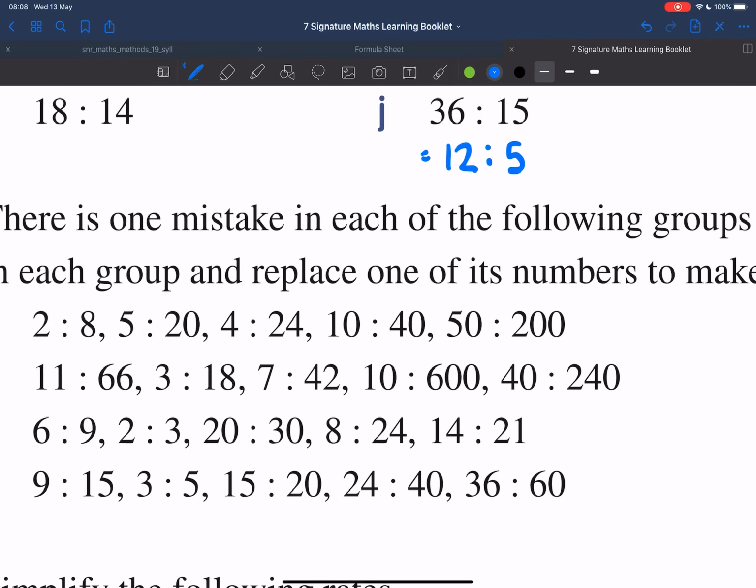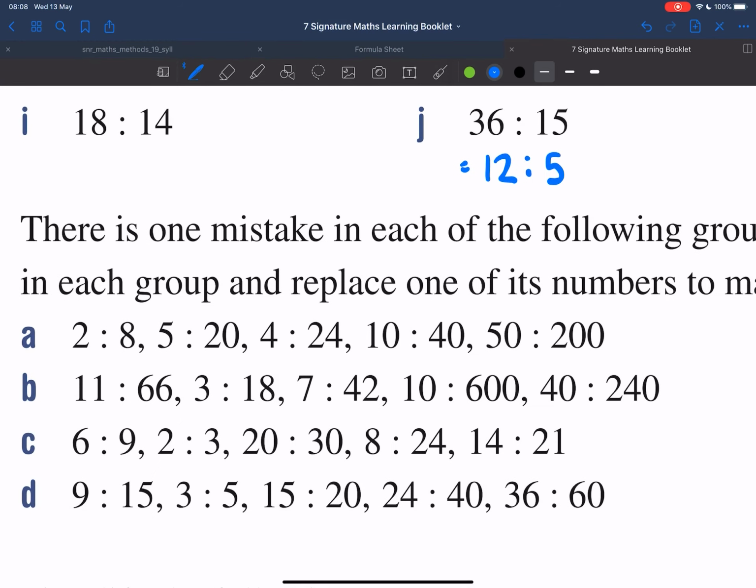All right, so let's try that. If we simplify 2 to 8, well, I can halve both of these numbers to 1 to 4. Perfect. Okay, so let's go to the next ratio and see if we can simplify it to make it look exactly the same as 1 to 4. Can we do that? Well, we can't halve these numbers. Well, we can halve 20, but we can't halve 5.